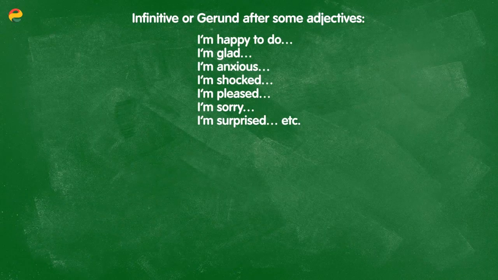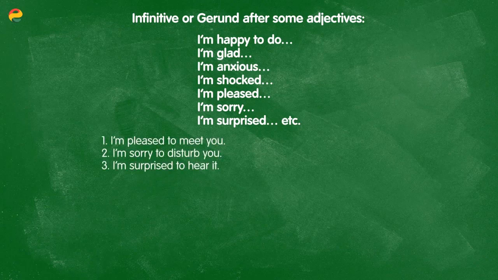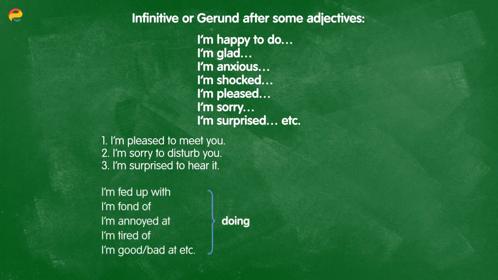We also commonly use the infinitive after some adjectives, especially when we're talking about feelings or emotions. Like in the phrases, I'm happy to do that, or I'm pleased to meet you, or even, I'm sorry to disturb you, and I'm surprised to hear it. A few other phrases, I'm glad, I'm anxious to, I'm shocked, all of these are used with infinitive phrases.